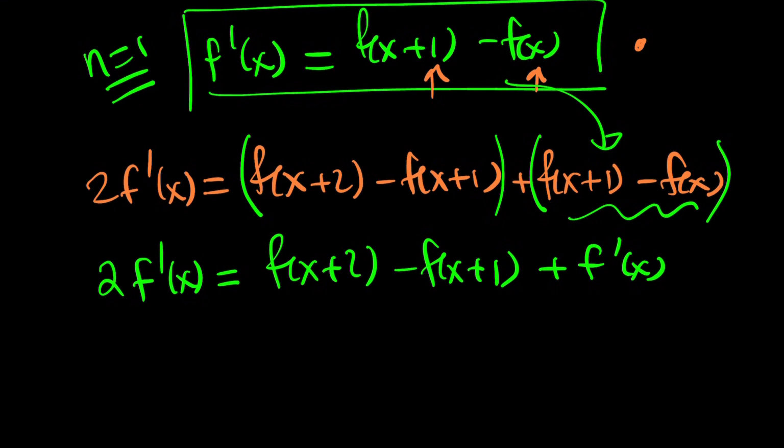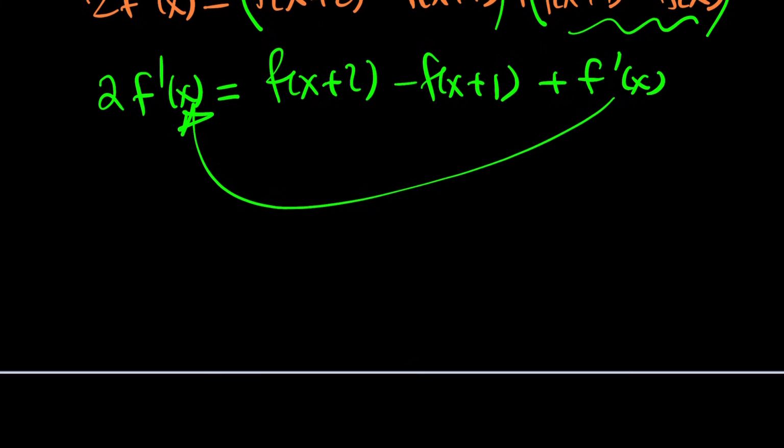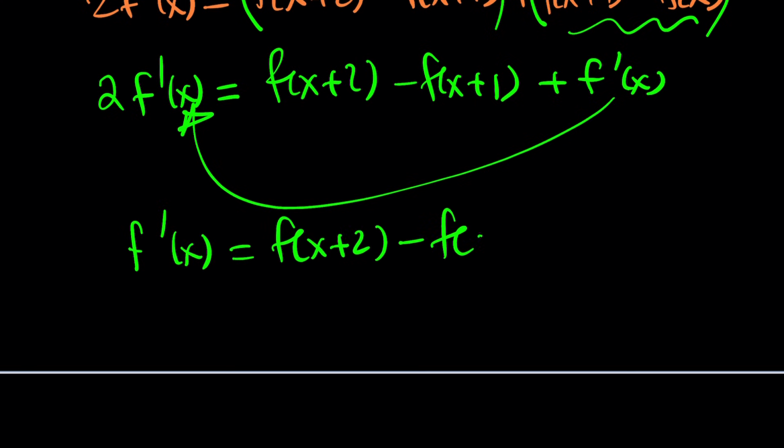Now, we're going to subtract f prime from both sides, because why not. That gives us f prime is equal to f of x plus 2 minus f of x plus 1. Now, at this point, you could pause and continue in two different ways.